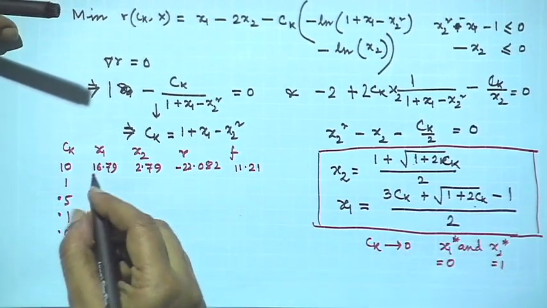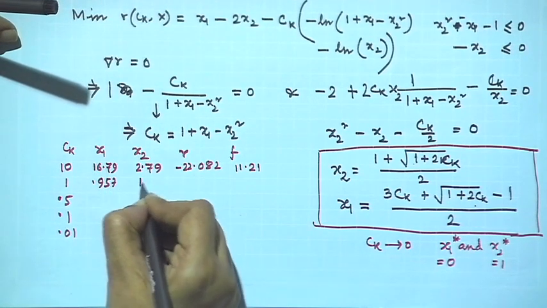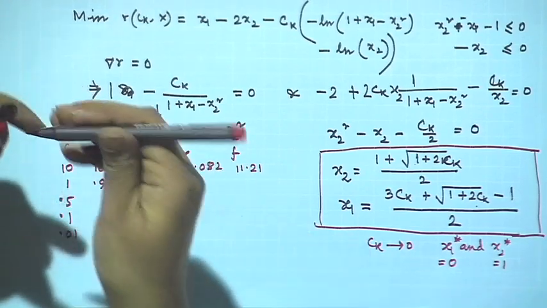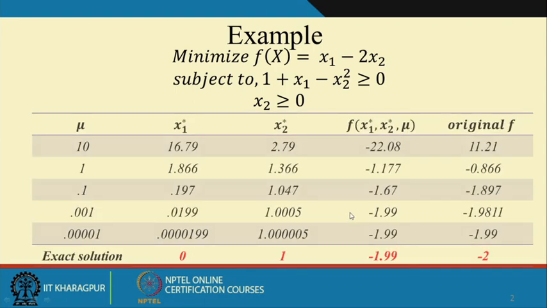We will get a sequence of this, that would be 957, 1.207, like that. If I summarize everything here, for different values of mu, we can see that it is converging: x1 is converging to 0, x2 is converging to 1, the r value is converging to minus 2, and the f value is converging to minus 2.